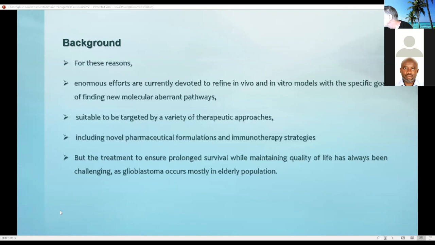But treatment that ensures prolonged survival while maintaining quality of life has always been challenging, as glioblastoma occurs mostly in the elderly population with other comorbidities. So it is a little bit challenging in this population to survive glioblastoma. Next slide.